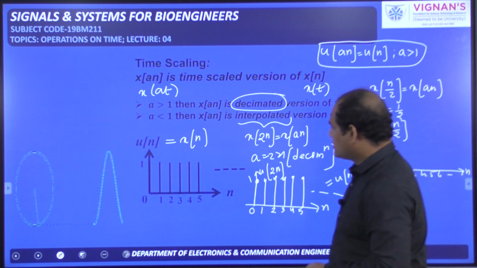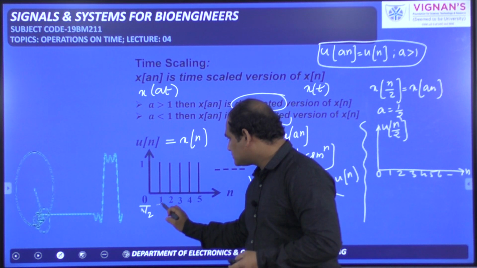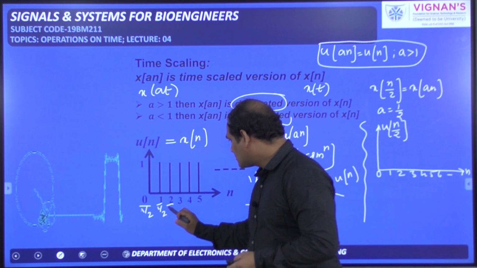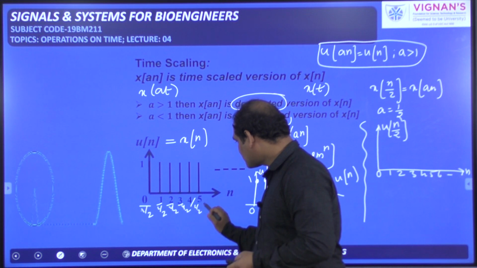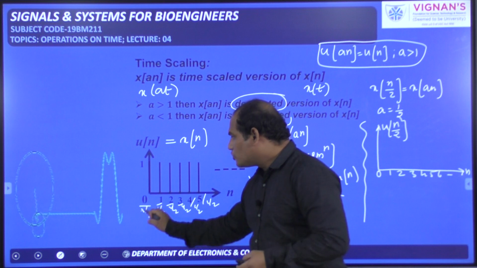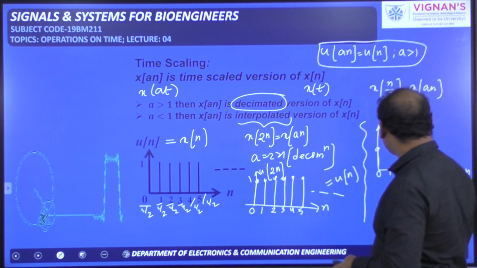Now divide with 1 by 2 because a is now 1 by 2. Zero by something is 0, so this sample will be repeated at n equal to 0, no problem.